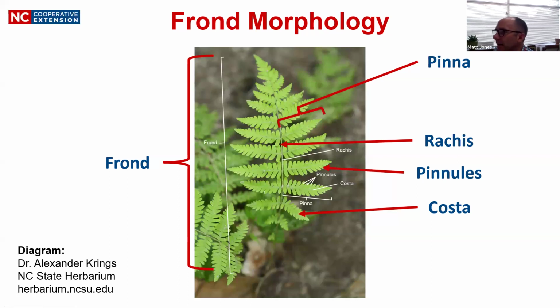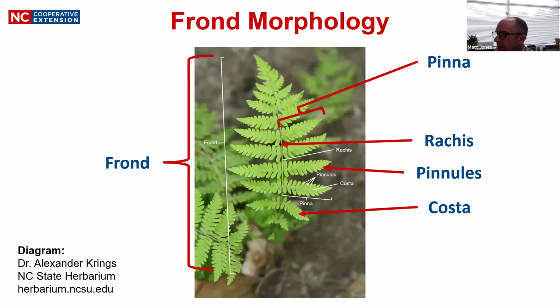So when the subunits are divided completely, so there's no tissue connecting the smaller units, there's no continuous leaf blade structure. They're called pinna. And then if they're further subdivided, they're called pinnules.